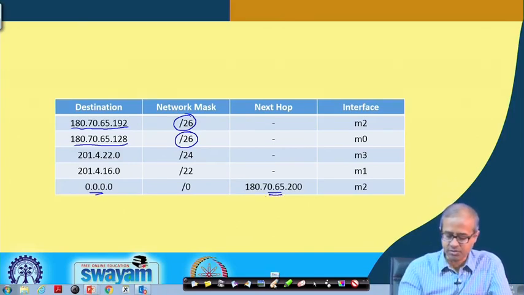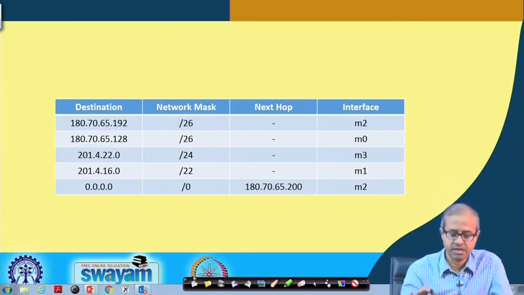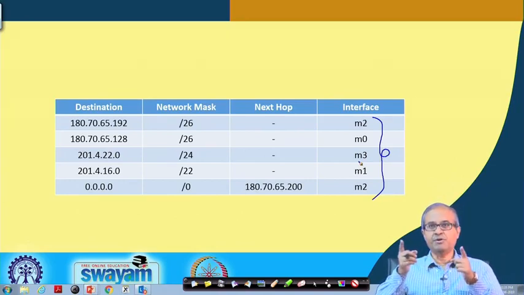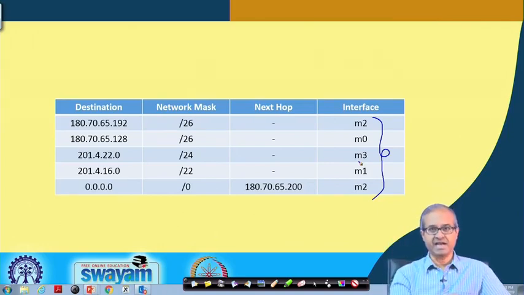Now, one thing I want to tell you with this example: you see these interfaces are not listed in order M0, M1, M2, M3, they are listed in some arbitrary order apparently. First M2, then M0, then M3, then M1, but there is something orderly about this. We are talking about longest prefix match. Wherever there is a longest match, you take that as the match, others you ignore.